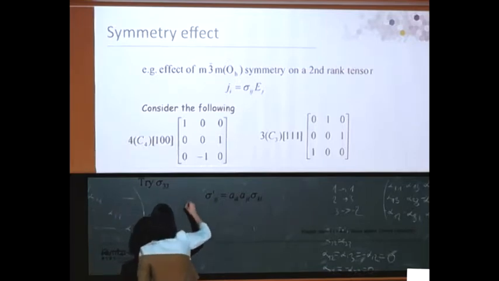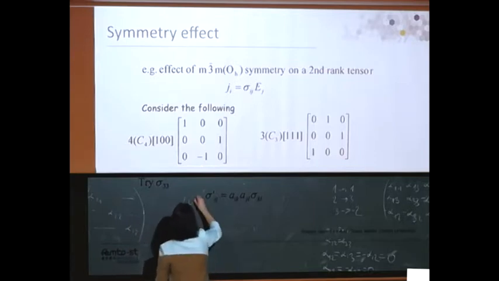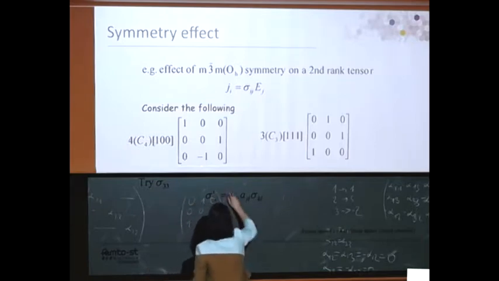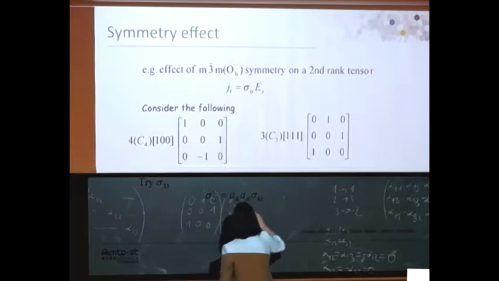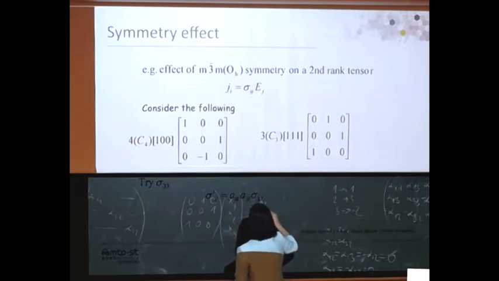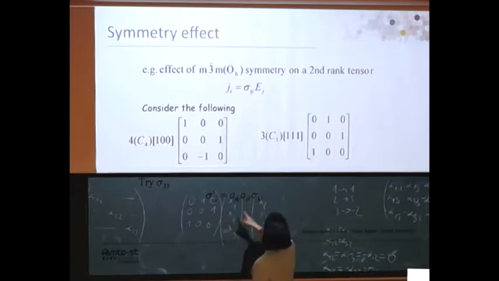My rotational matrix is 0, 1, 0, 0, 0, 1, and 1, 0, 0. If I apply it on x1, x2, x3, we will get x2, x3, x1. So it means that 1 transforms to 2, 2 transforms to 3, and 3 transforms to 1.